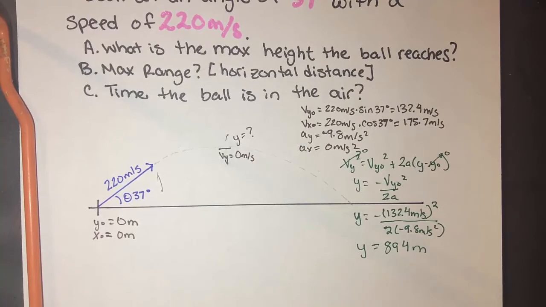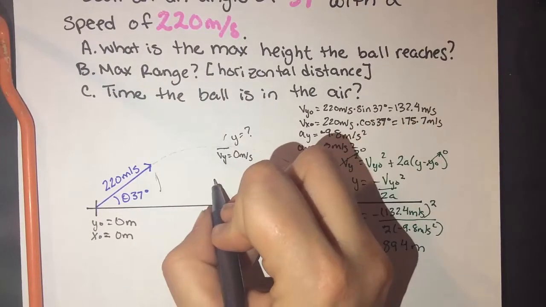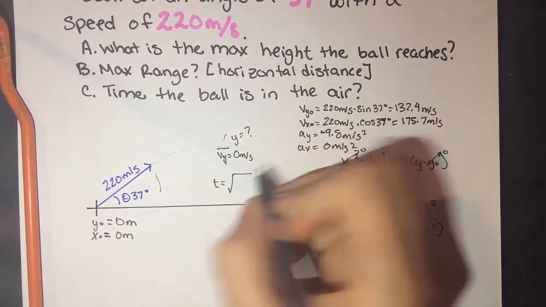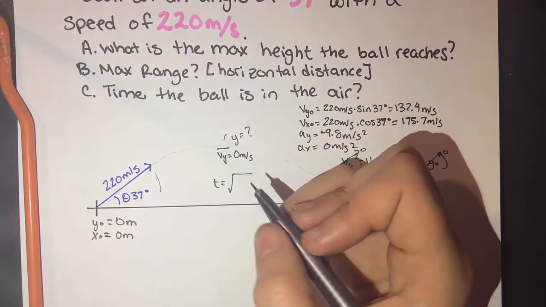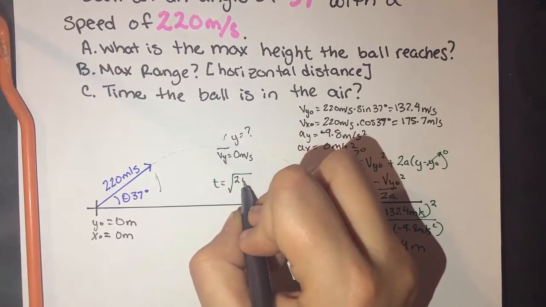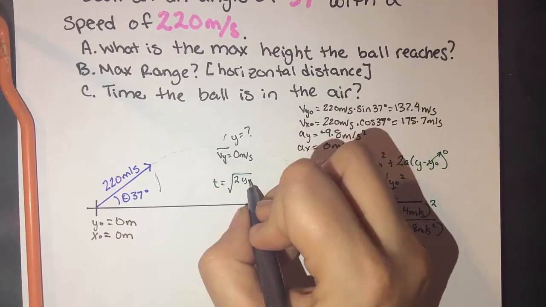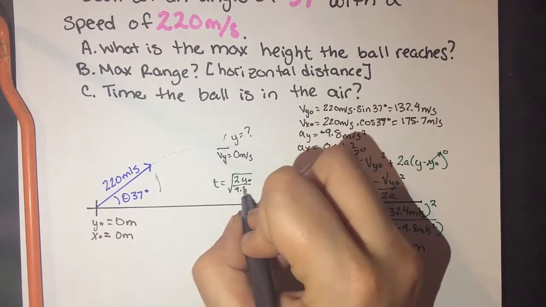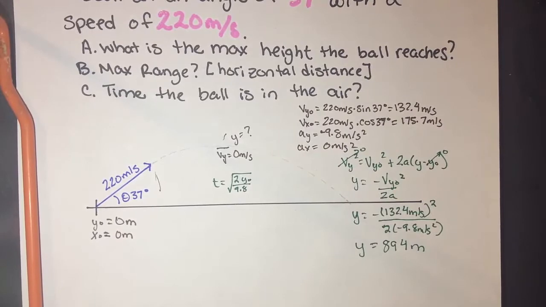We're going to solve this exactly like we did in the last problem. Remember, we saw the equation that t is equal to the square root of 2y naught over our acceleration. In this particular case, it was our 9.8.